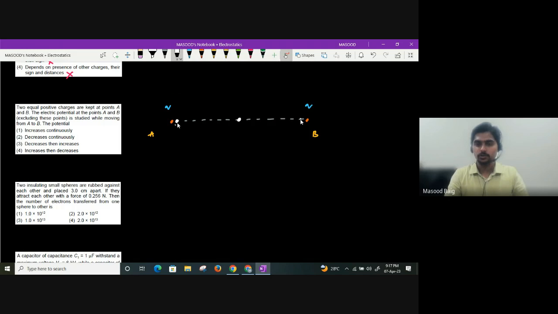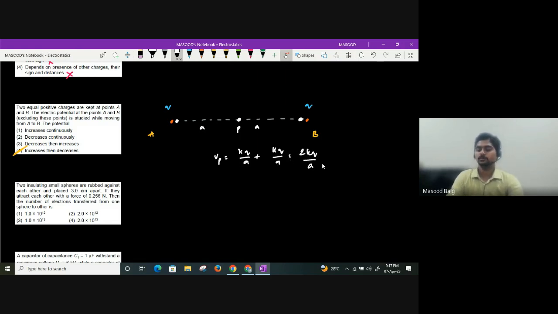Again, as you come to this particular point, the charge is at almost zero distance, so you will get infinity again. So first you have infinity, then it decreases, and again it increases. First it decreases, then it increases as it moves from A to B. Clear, all of you?